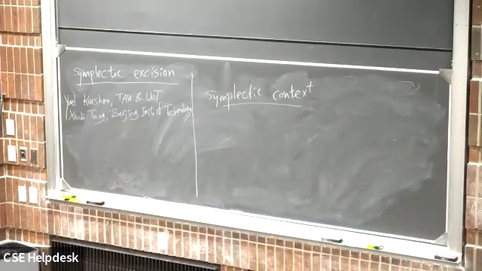Harder motivating questions in symplectic geometry: you have two symplectic manifolds. Are they symplectomorphic? Even for open subsets of R^{2n}, a lot is not known, and this is an extremely interesting and non-trivial question.